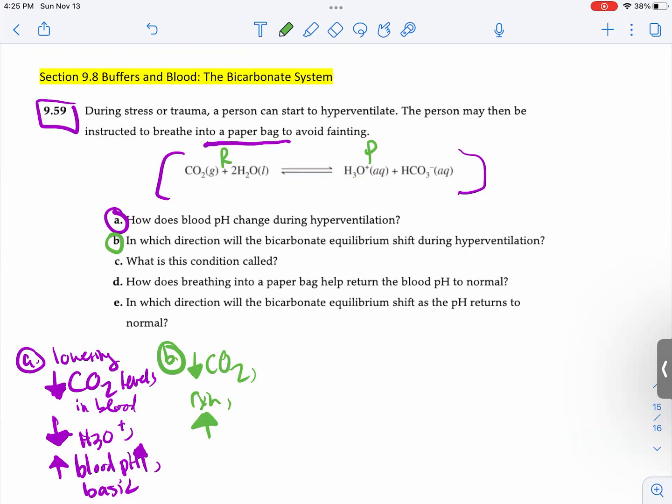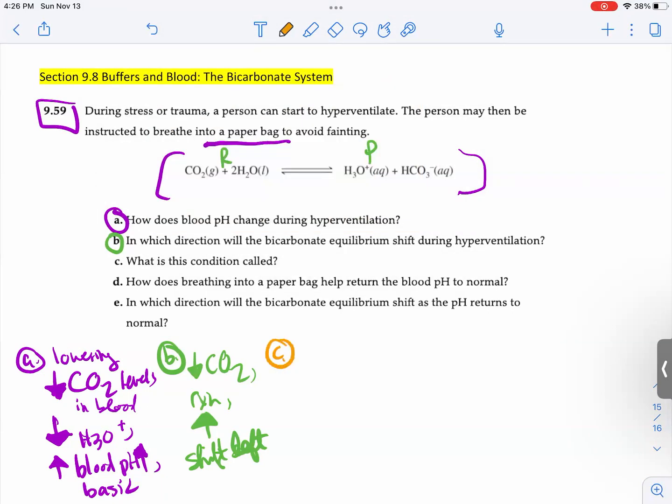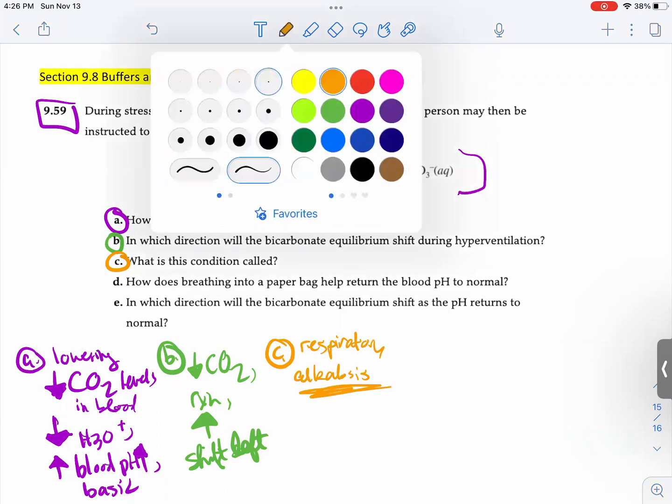So the equation is going to want to shift left. The reaction is going to want to shift left. Okay. So C. What is this condition called? This is respiratory alkalosis. So just have some note cards for those, and there's already a table for those different pathologies, those different conditions.